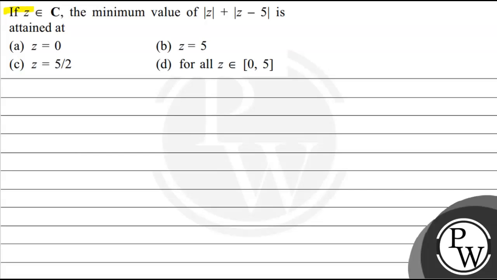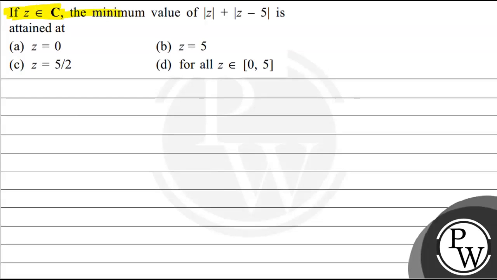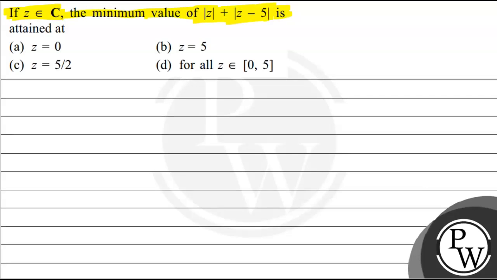So here it is saying that if z belongs to a complex number, the minimum value of mod of z plus mod of z minus 5 is. Okay. So here it is given that z is a complex number and we have to find the minimum value of this. What will be the minimum value of this is attained at?